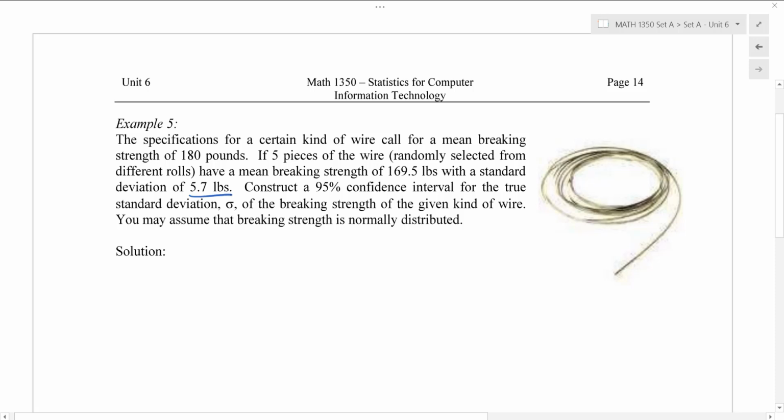We are tasked to construct a 95% confidence interval for the true standard deviation. So we have s here. We're interested in finding sigma. And as is required, we know here it is the case that breaking strength is normally distributed. This means we can use the formula on the previous page.